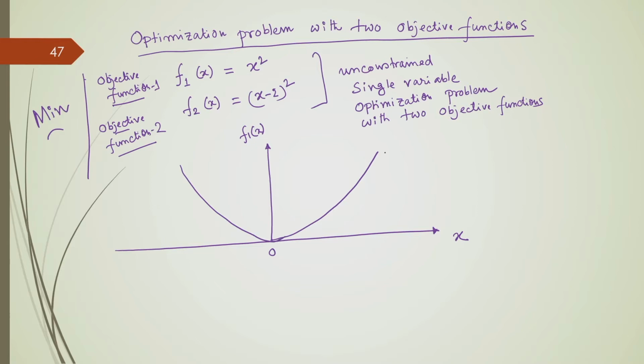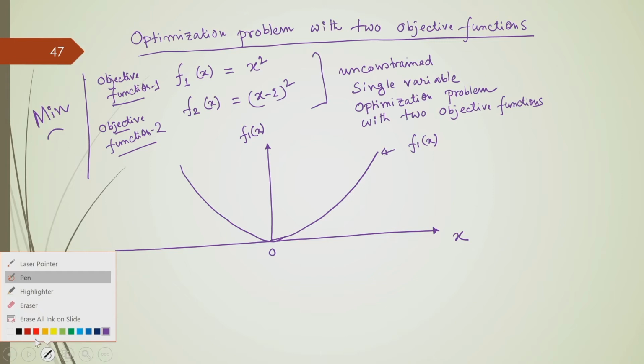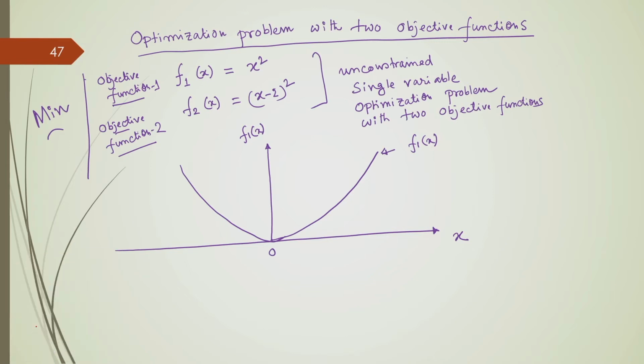Okay. So, this one is our f1(x). Now, I am also plotting here this f2(x). Then how would this plot be? Suppose this is x equal to 2.